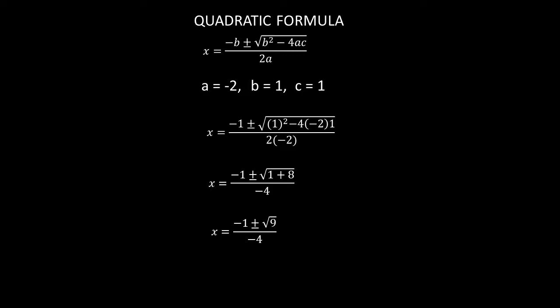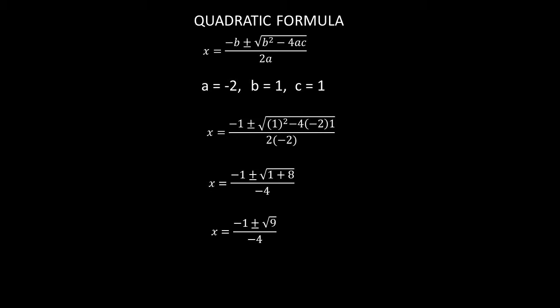Next, negative 1 plus or minus the square root of 1 squared is equal to 1, and negative 4 times negative 2 is equal to 8, over negative 4.